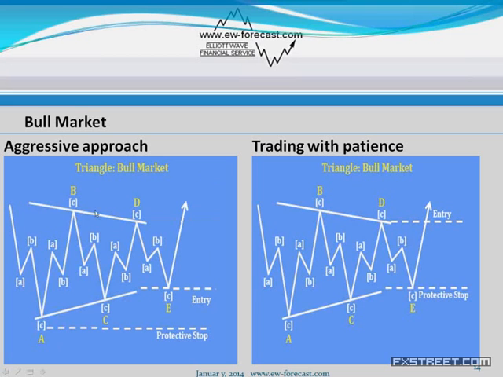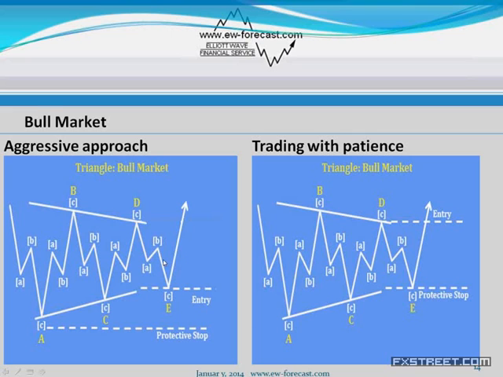Now here we have a triangle which occurs in bull market. The triangle is a 5-wave pattern, A, B, C, D, and E. So when you see contracting trend lines in the middle of a larger uptrend, you of course will pay attention to these 5 subwaves. If you spot 5 subwaves, then you may be interested to go long that market.